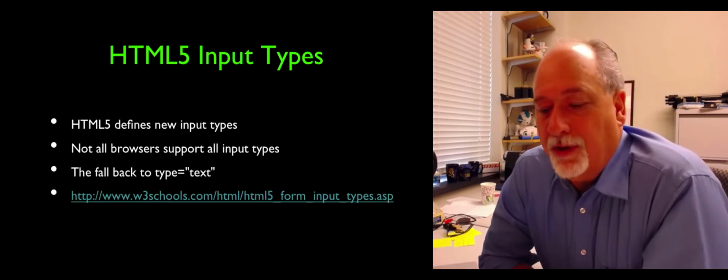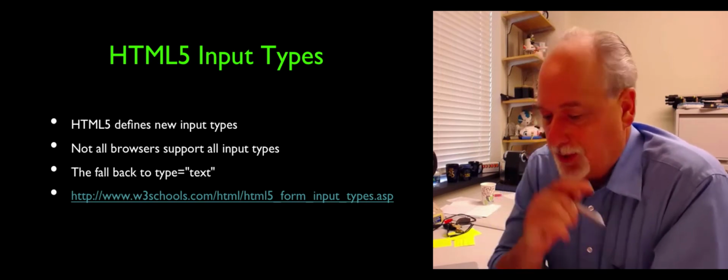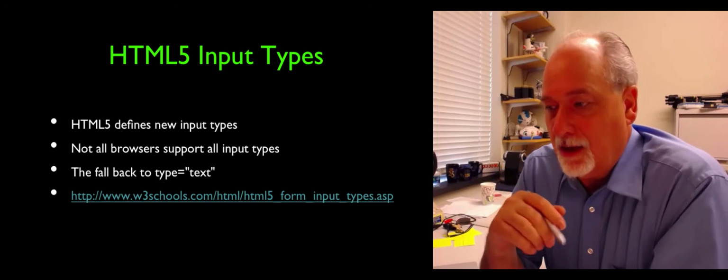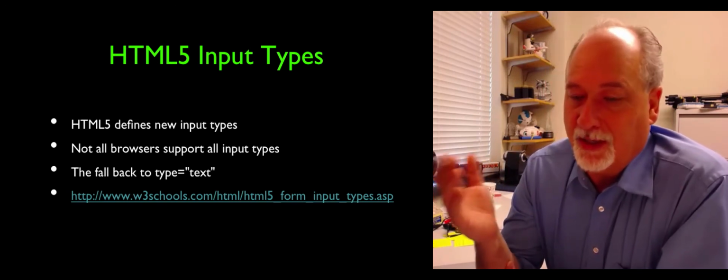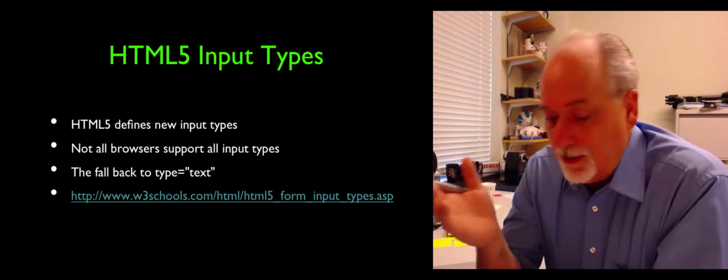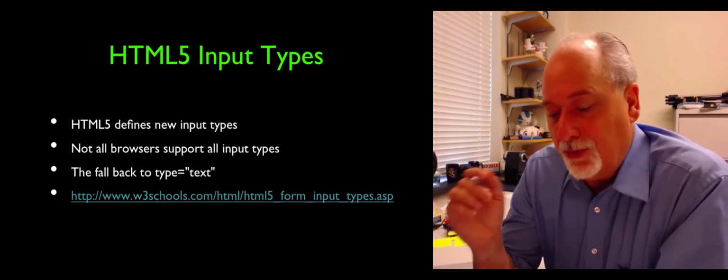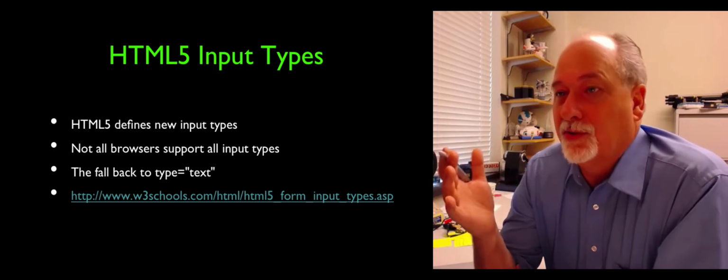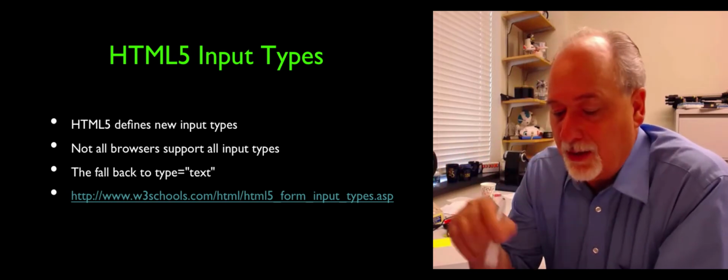Another thing that you can play with is HTML5 input types. These are a series of input types that are quite nice. Some of them, like dates, are great. Not all browsers support all input types. There are some JavaScript libraries that emulate some of these things in older browsers.